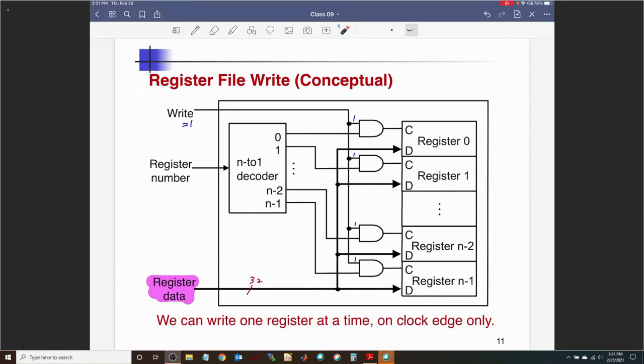Can't we use the write as the enable for the decoder? That way we won't need all the AND gates. If you use write as, let's see. Okay, if you use write, yeah, I suppose you can do that as well. I'm trying to think why it would fail.